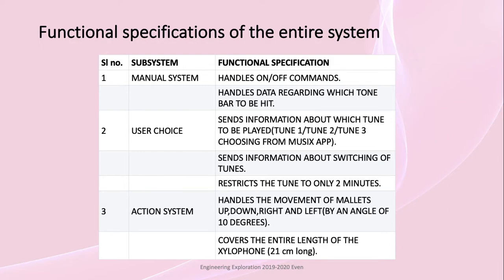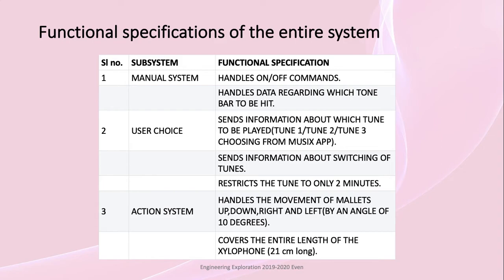The functional specification of our system. First subsystem manual system, which will be controlling the on and offing of our system and handling the data regarding which tone bar to be hit. Secondly, the user choice, which would send information about which tune has to be played. This would be done from the Music's app.